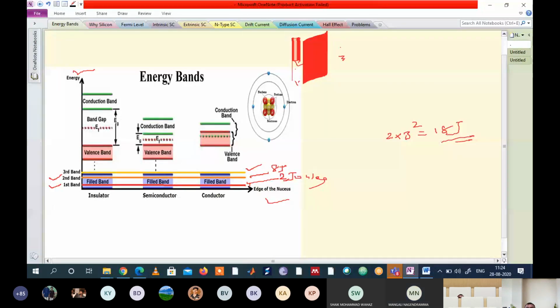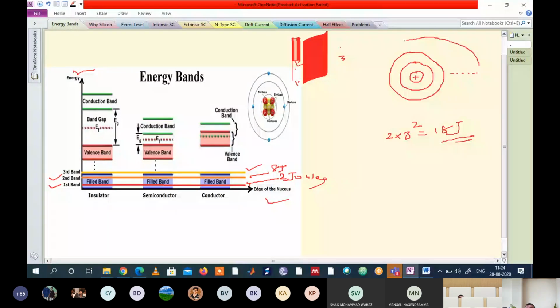Valence band. Suppose I draw an atomic structure here: this is the nucleus, this is the first energy band, and this is the second energy band. Likewise, if you go on, you get the last orbit, which is called the valency orbit.